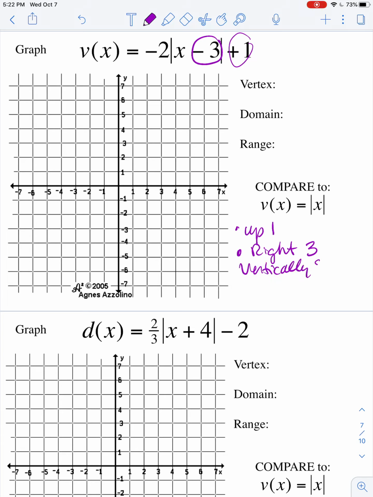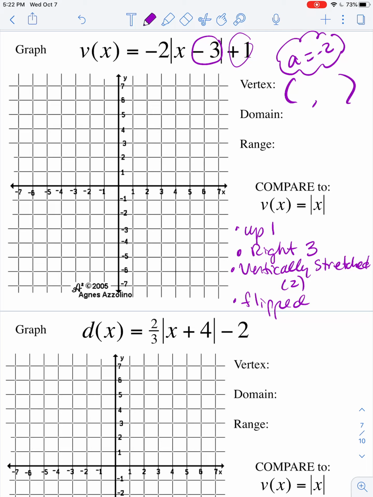Then I see a 2, so it's going to be vertically stretched because 2 is bigger than 1. And it's going to be inverted, flipped, reflected, whatever term makes you feel the most fancy. I'm also putting in my brain that the number out in front as my a value is -2, so that when I go to graph, I can make my life easy.